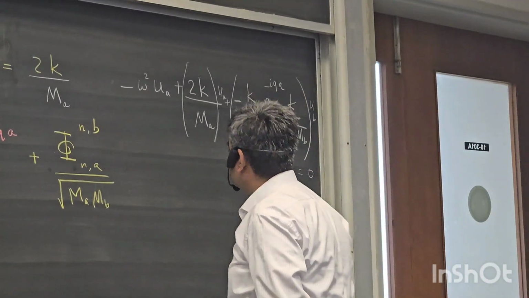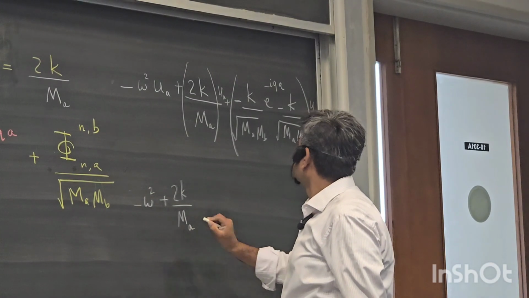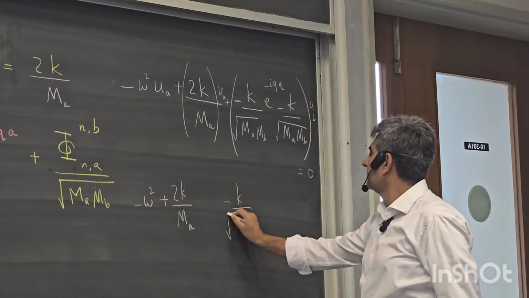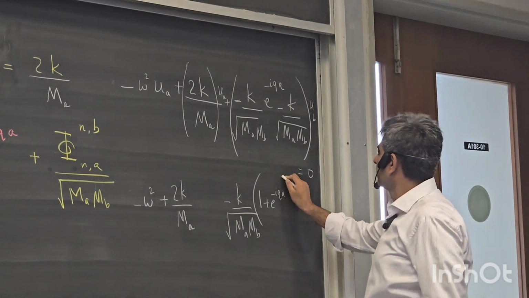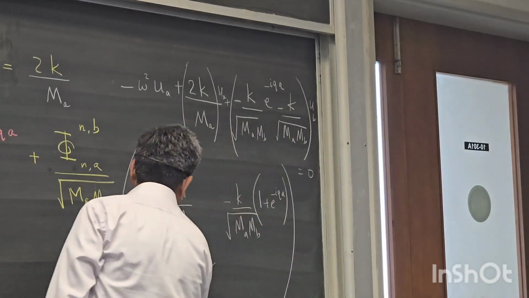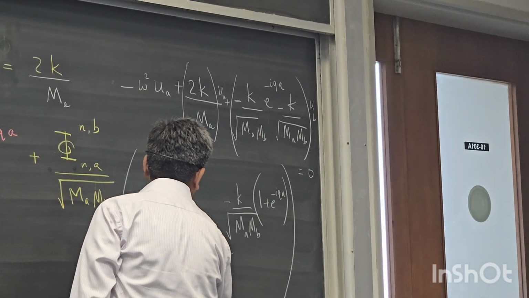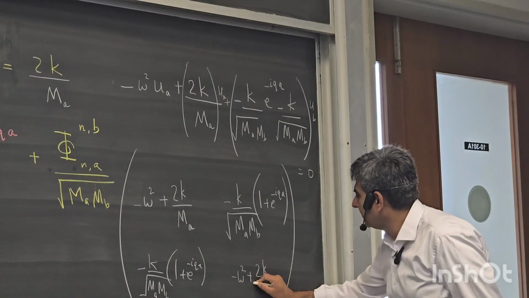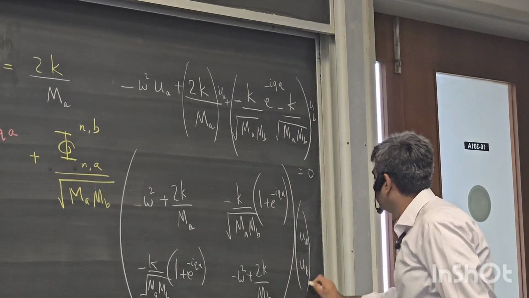All in all, I will get a relationship of this kind: minus omega square plus 2k over ma, minus k over root ma mb times 1 plus e to the minus iqa, minus k over root ma mb times 1 plus e to the iqa, minus omega square plus 2k over mb, acting on ua ub equals 0.